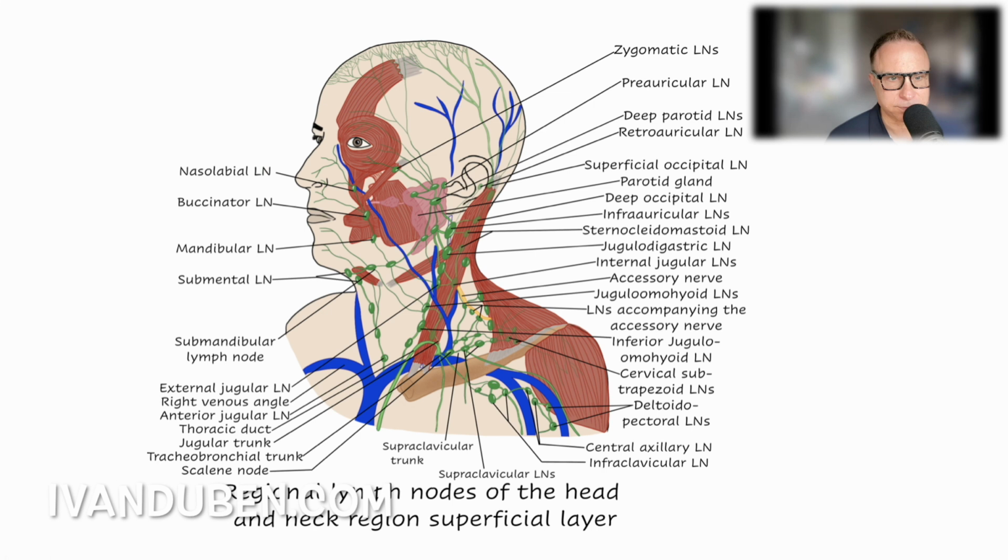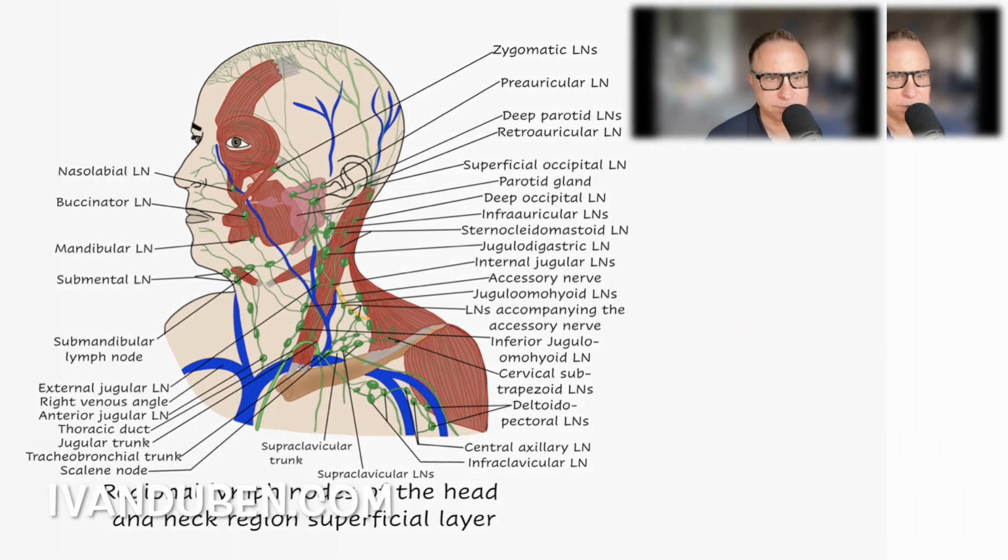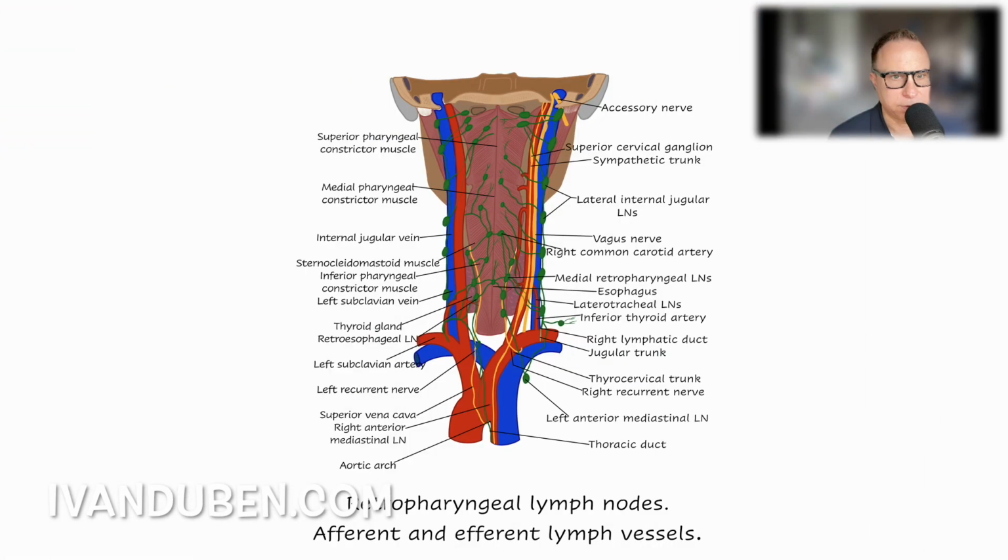And there were also superficial lymphatics that are moving from the face to the cervical spine, including the deeper cervical lymph nodes. Here's an example of some of the lymph nodes and vessels as they're traveling down through the posterior cervical spine.